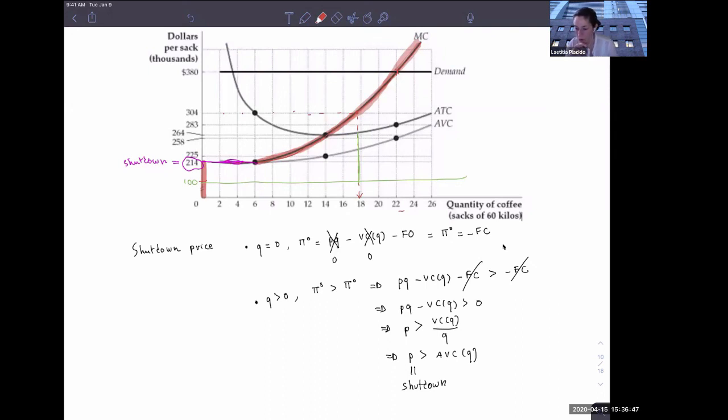So the short-run supply curve for an individual firm is the marginal cost curve if it produces something, and it's this small portion here on the vertical axis below the shutdown price if it doesn't produce anything. There are really two parts to the curve. You shouldn't forget about that one.